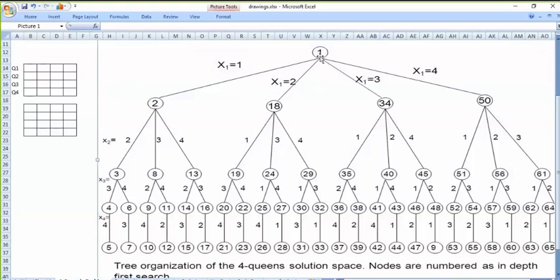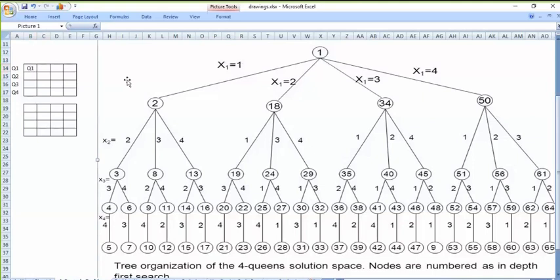Since this is for x1, which indicates the first queen, the first row, I will keep x1 at 1, which indicates column 1. So if I keep x1, that is q1, over here.